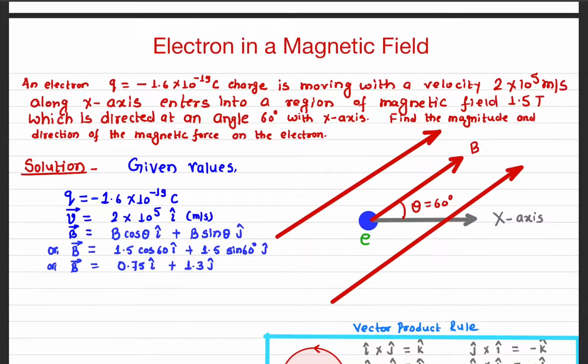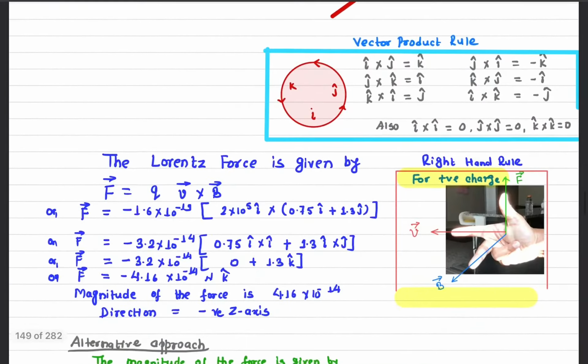Now what we have to find out is the magnitude and the direction of the magnetic force acting on it. As the electron, which is a charged particle, is moving in a magnetic field, there must be a force acting on it. That force can be calculated by using the Lorentz force.